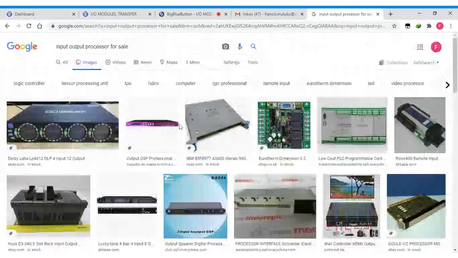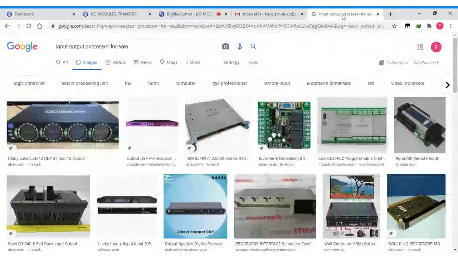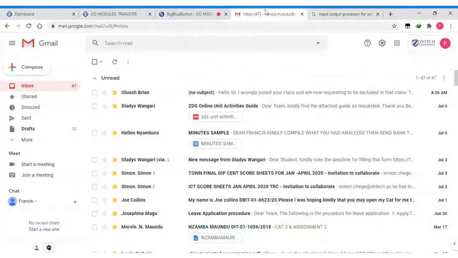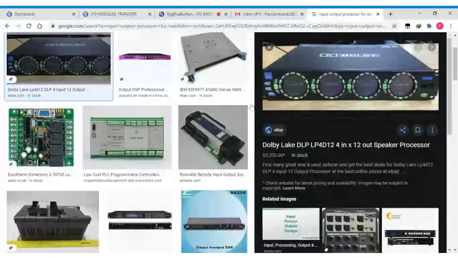So these are input output processors, and they are used in different application scenarios. For instance, we have input output processors for studios, used with public address systems. Yeah, these are speaker processors.